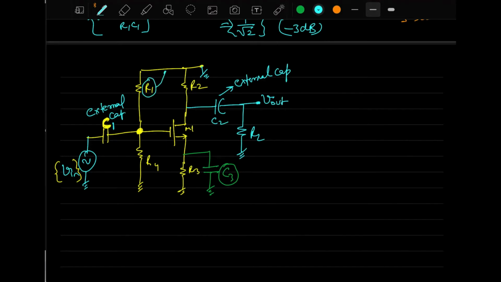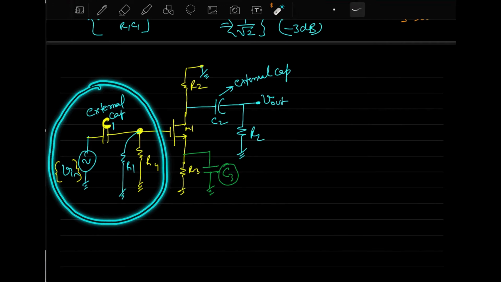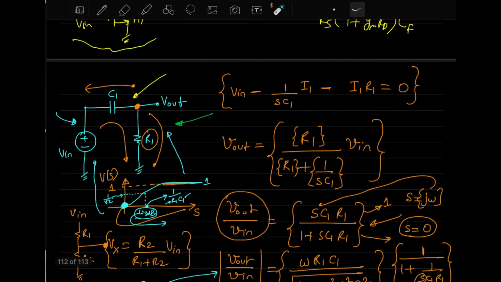So you can draw resistance R1 like this also, and remove it from here because it is grounded. Once you have done this, if you observe this particular architecture, it is similar to this architecture.